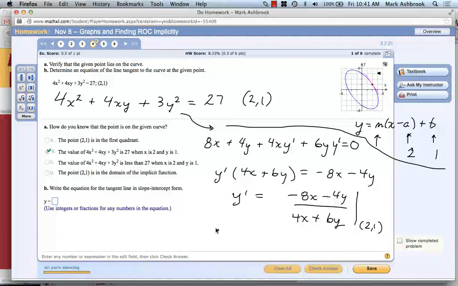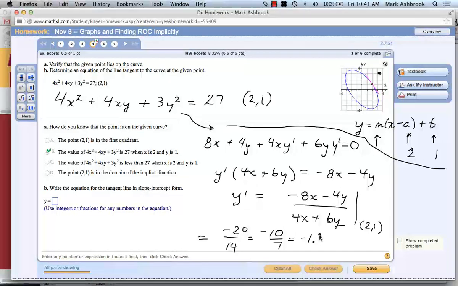So negative 16 minus 4, check my work here, negative 20, 8 and 6, 14. So negative 10 sevenths. Okay, and give me a decimal approximation of negative 10 sevenths, negative 1 point. Quick.